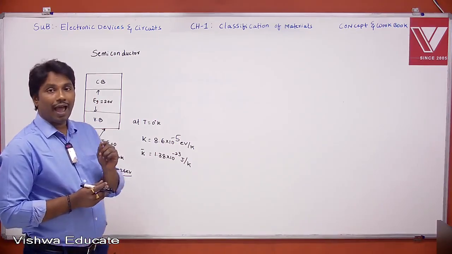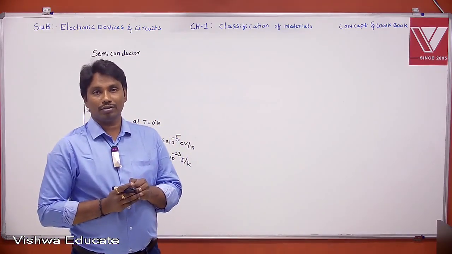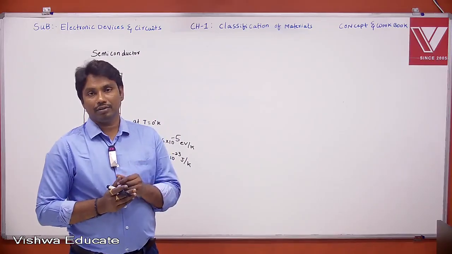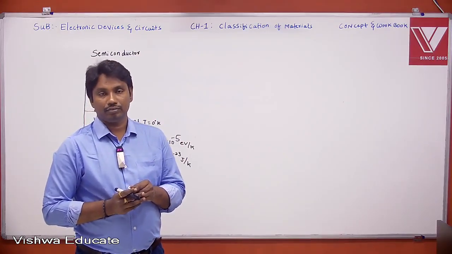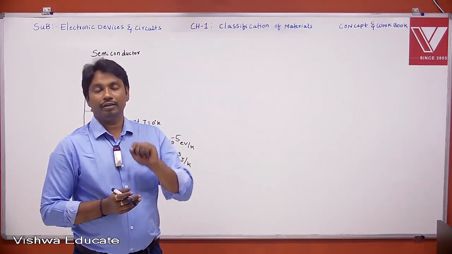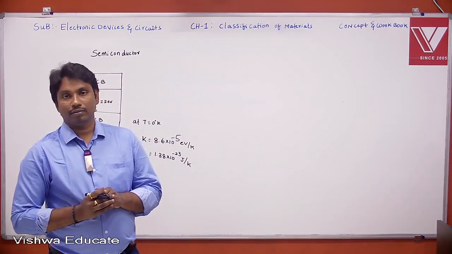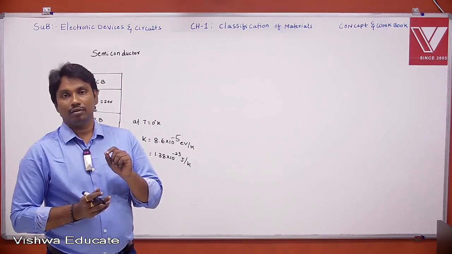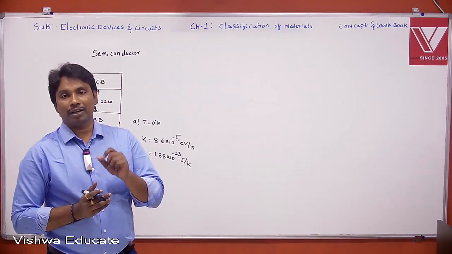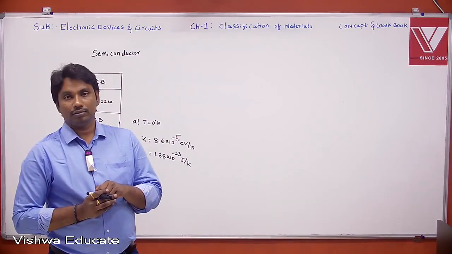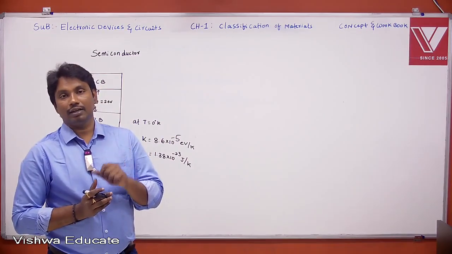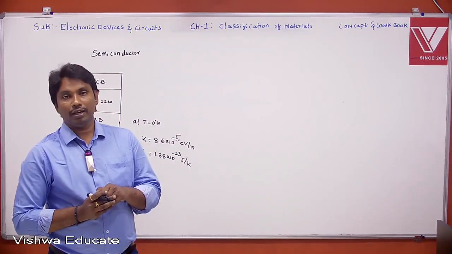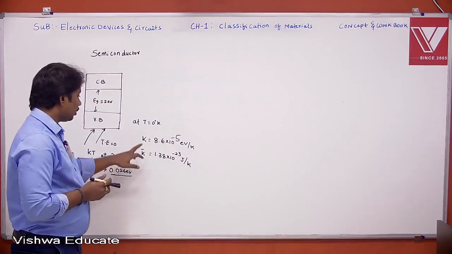Next point. The average thermal energy supplied to the valence electrons is given by KT. Underline KT. Where K is the Boltzmann constant in electron volt per Kelvin and T is the temperature in Kelvin. Write down the values of K and K bar.